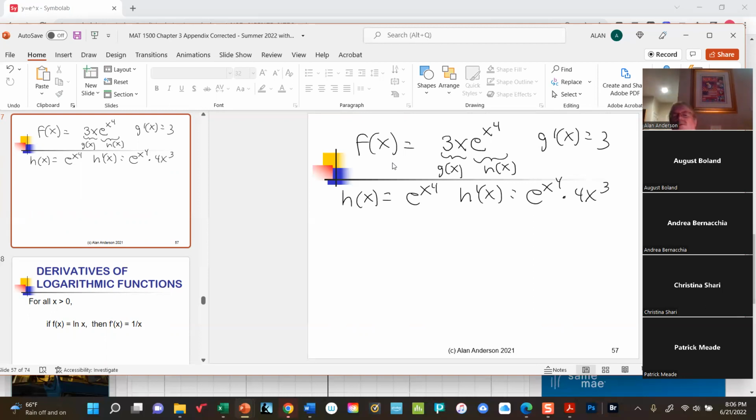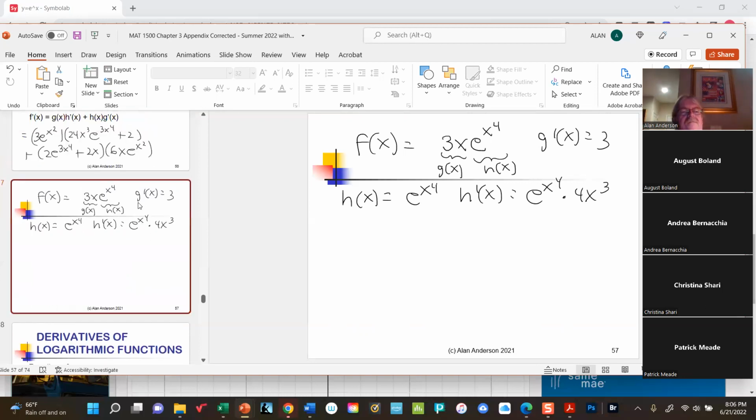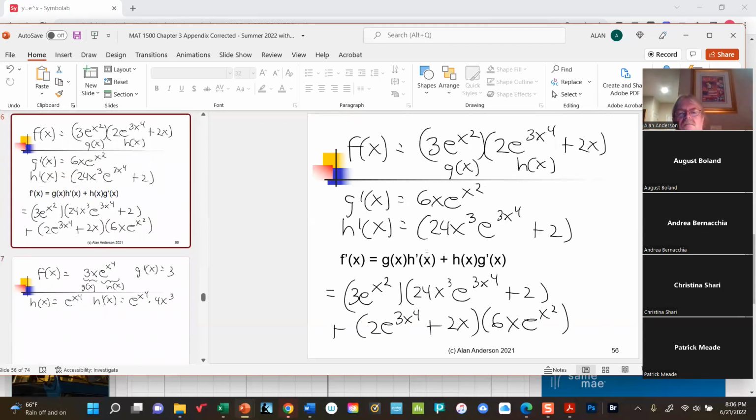Okay, so now, as far as the product rule is concerned, just copy this back.